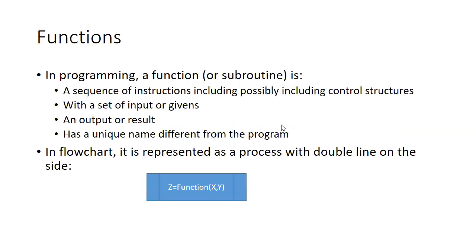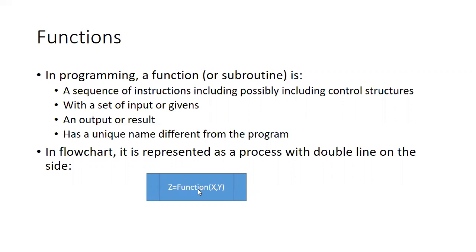So let's get started. In the bottom of this slide, the blue rectangular box is a process, we would say, in a flowchart. But this is a special process. The fact that it has two little parallel lines on the sides means that it is a function or a subroutine. So a subroutine or a function is represented in a flowchart like that.